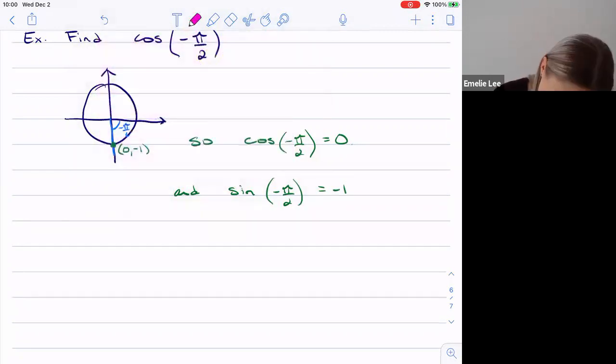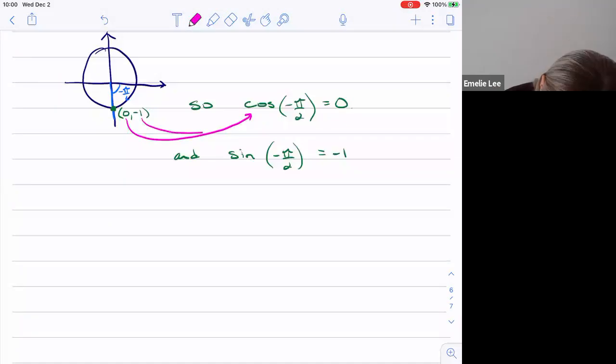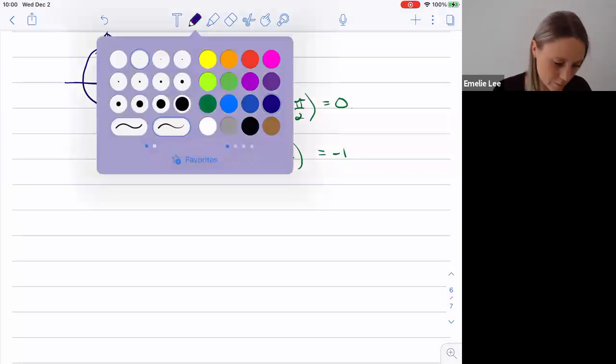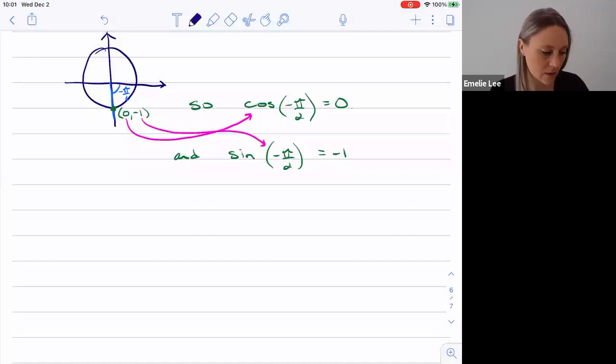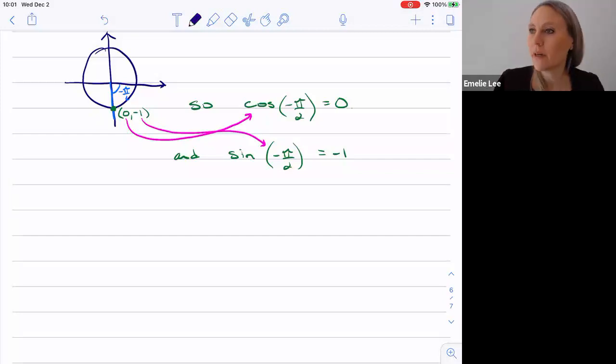So here, the cosine and the sine. Maybe not the first on the handout.